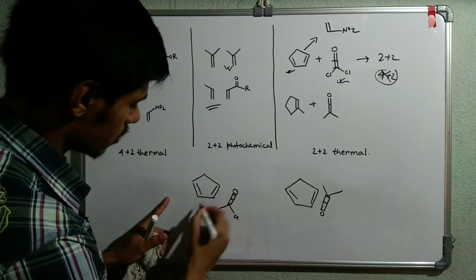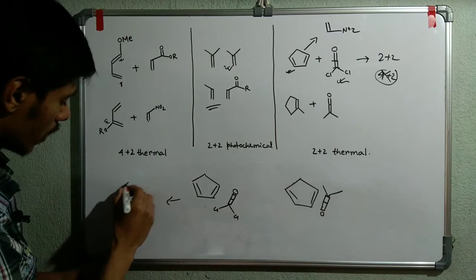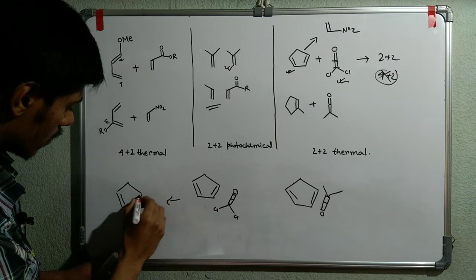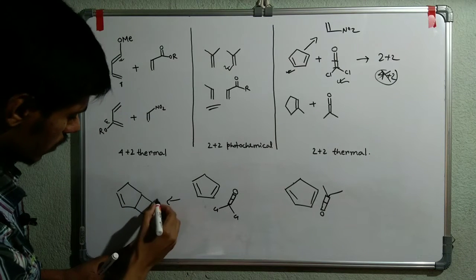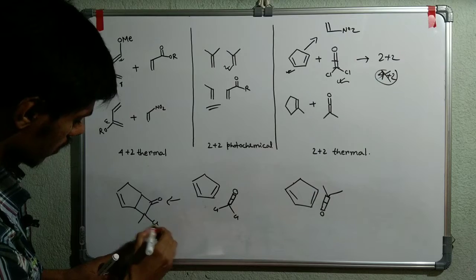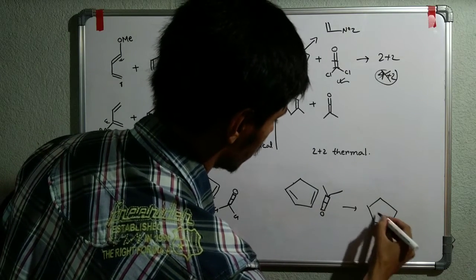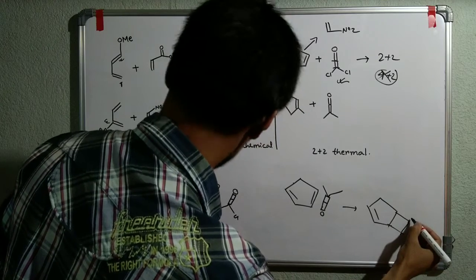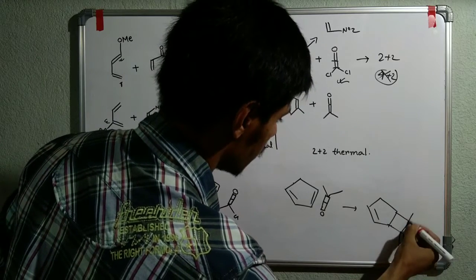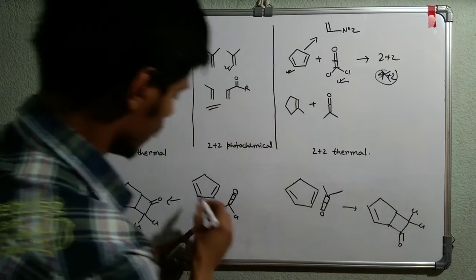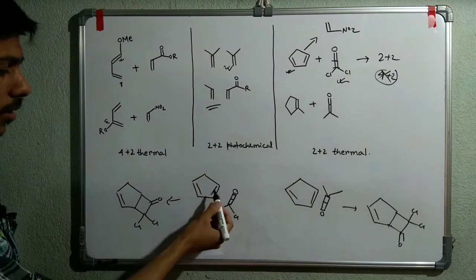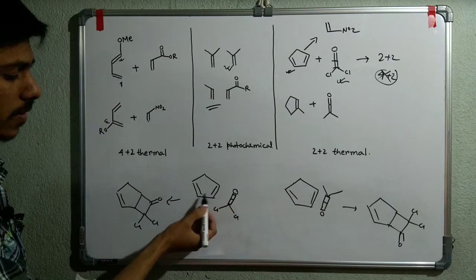So in the first case you can see you will have a product like this. So here you will have this product, and in the second case you will have the product like this, and you can see these two products are different because this diene part or this double bond is not symmetric.